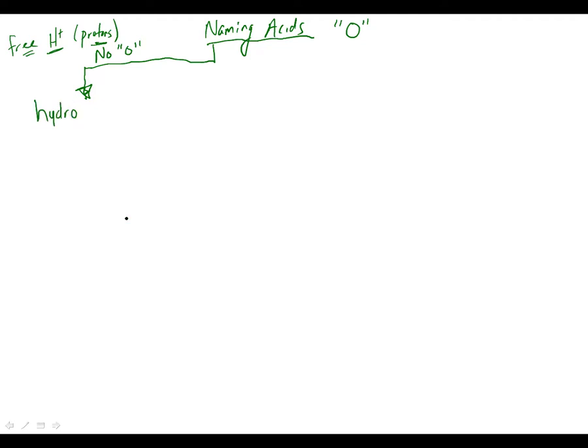So it's going to be hydro something ic acid. So for example, if I take HCl, this has no oxygen in it and it's hydro, the missing part is the negative one. So that is hydrochloric acid.